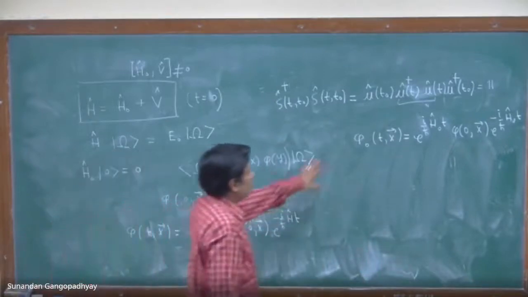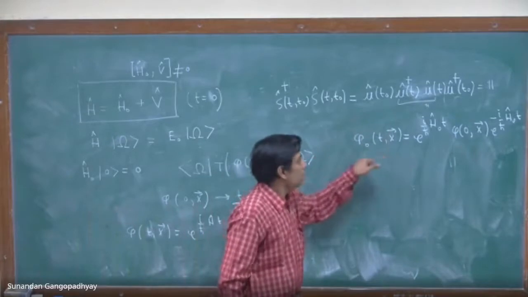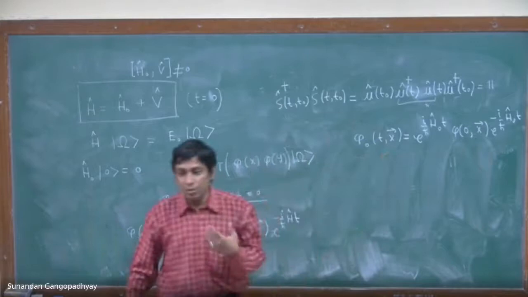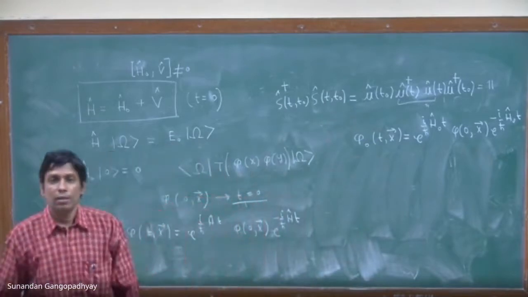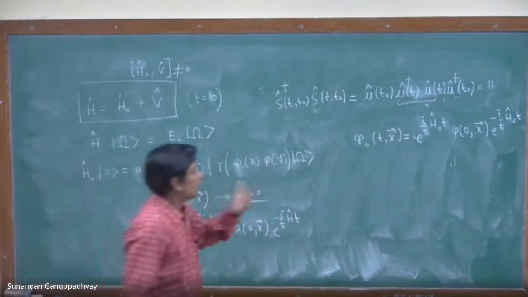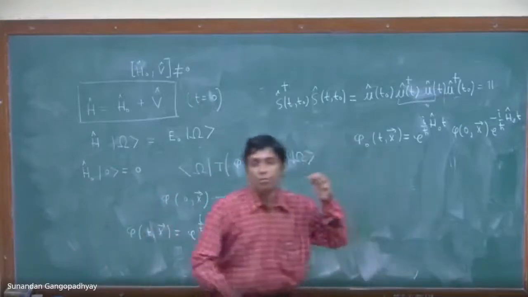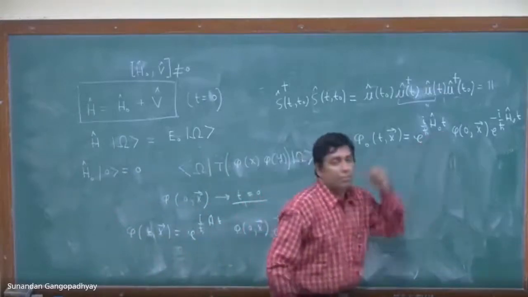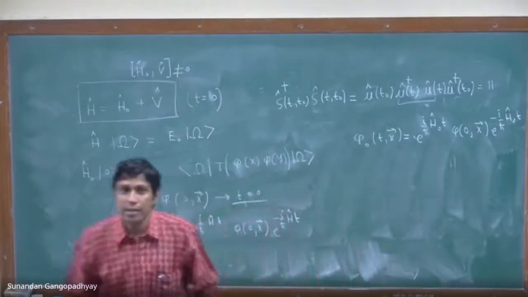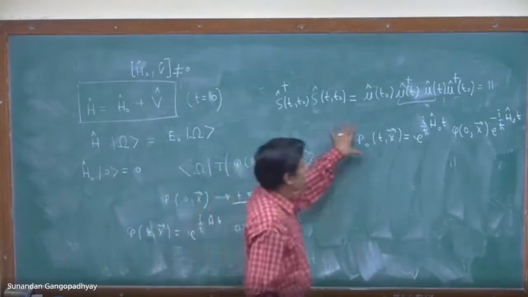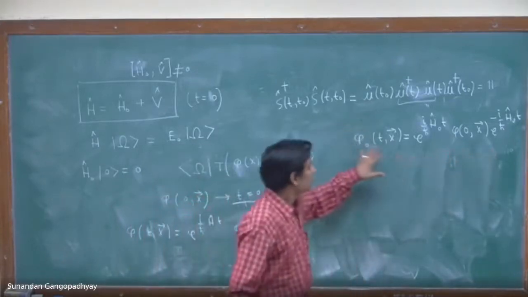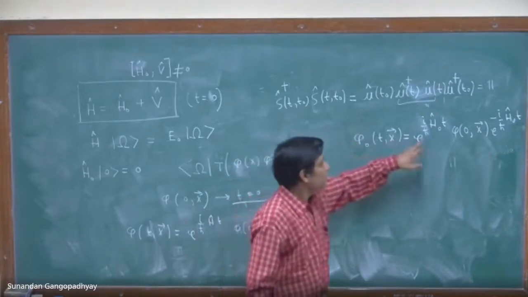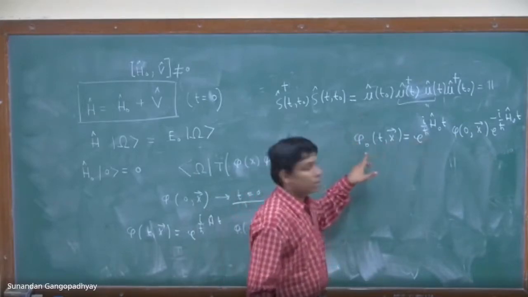So since it is the interaction picture operator, it will evolve via the free field Hamiltonian H hat naught, because the Heisenberg equation of motion for an operator defined in this way is nothing but i h bar d phi 0 by dt equal to the commutator of phi 0 with H hat naught.